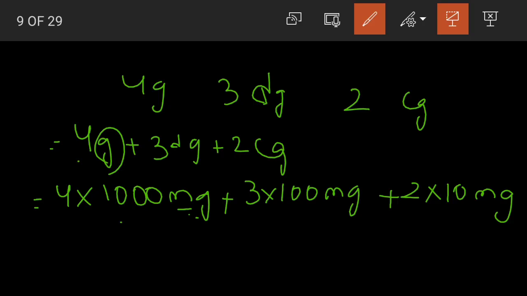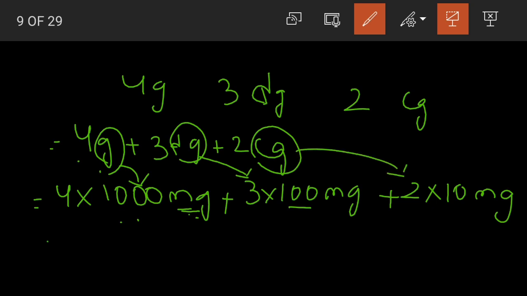Depending on the number of jumps, we have identified that to convert grams into milligrams, we have to multiply it by 1000. To convert decigrams into milligrams, we need to multiply it by 100, and then to convert centigrams into milligrams, we need to multiply it by 10.